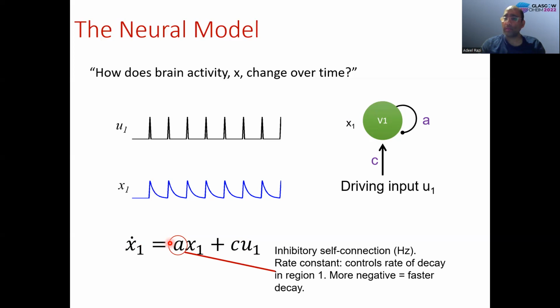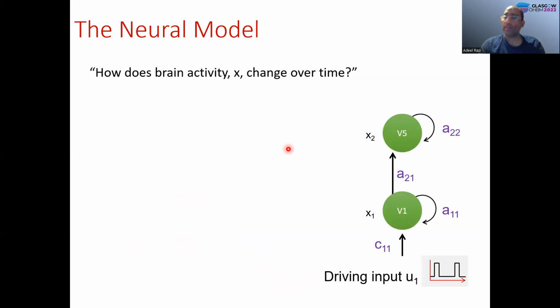We had only one brain region. Now, what we do is make it a bit more complex, and we add another brain region like V5. Now you can start to write down the equations.